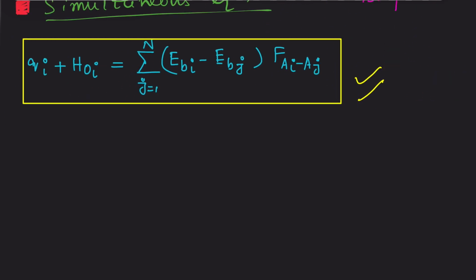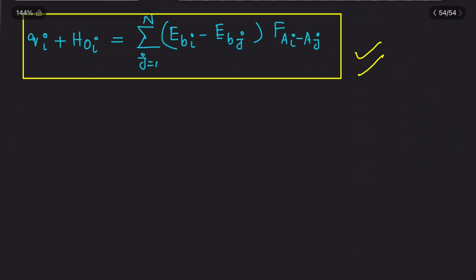So here I have 3 surfaces, so I can have 3 equations. What I need to find is the net radiation heat transfer from the groove. So you see, practically I don't have any surface 3.